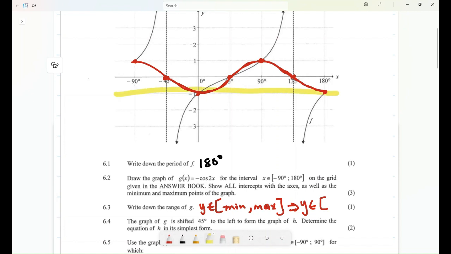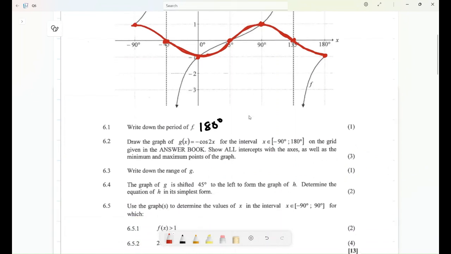It is negative 1. Maximum value on our g graph, it is the cos graph, so it is 1. Negative 1 minimum, maximum it is 1. Or you can just use the interval negative 1 and 1. That's also fine.